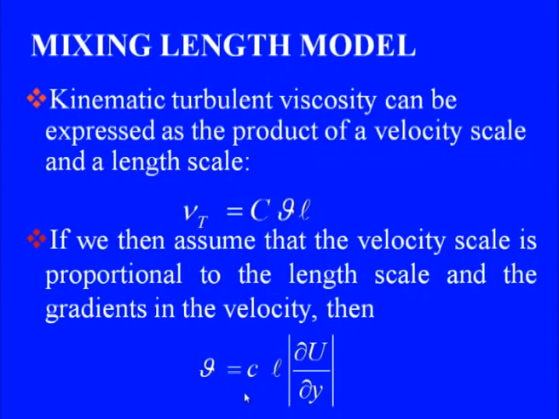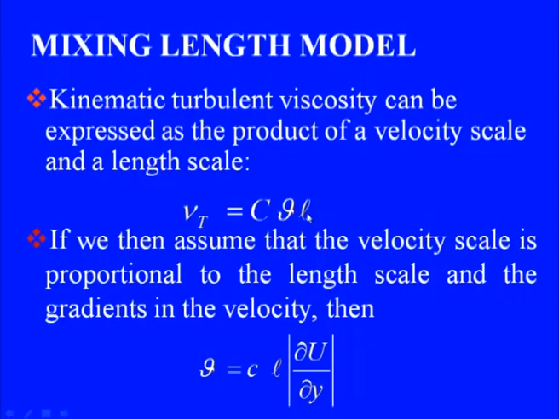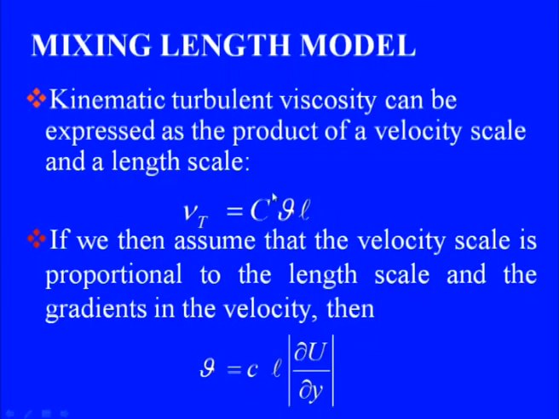Through dimensional analysis we can say that the kinematic turbulence viscosity, which has units of meter square per second, can be expressed as the product of a velocity scale, giving meter per second, and a length scale, giving m times m per s, that is m square per s, multiplied by a constant. So nu_t, the kinematic turbulence viscosity, can be expressed in terms of a dimensionless constant, a velocity scale and a length scale.